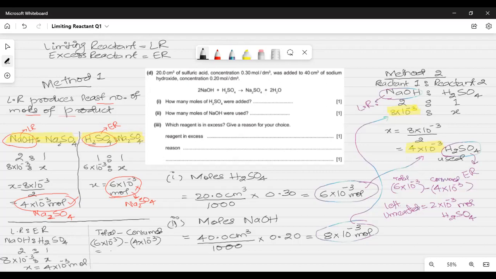And the answer would be 2 into 10 raised to the power minus 3 mole H2SO4 left unreacted. So actually the entirety of method number two comes as the second and third step of method number one.